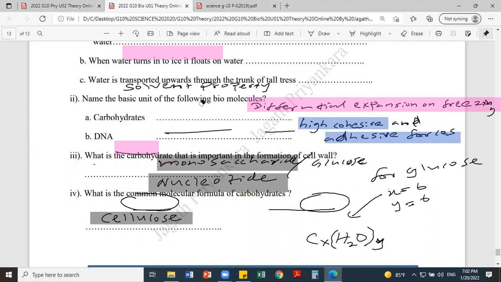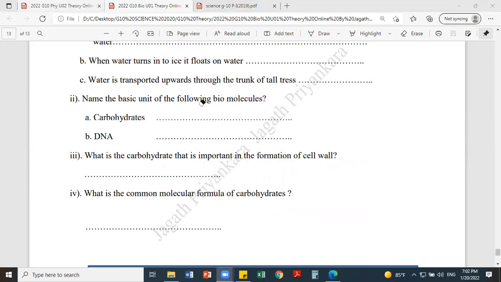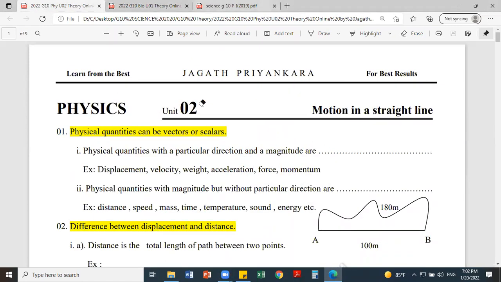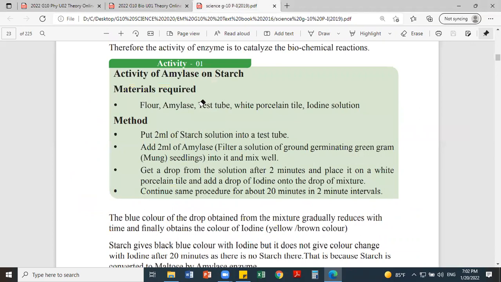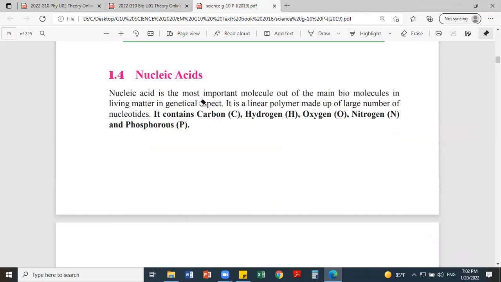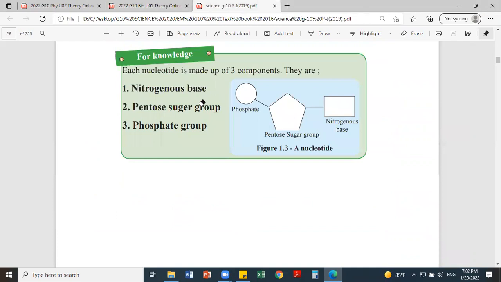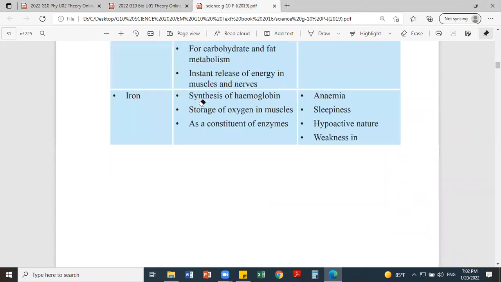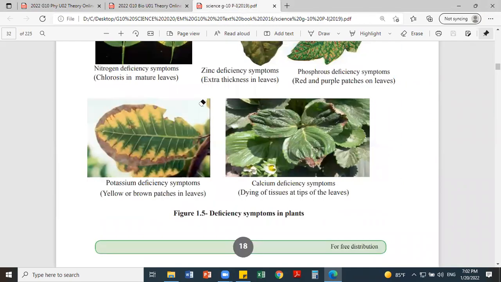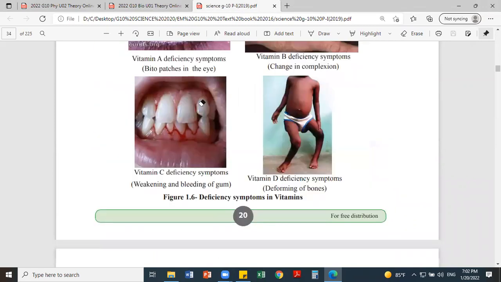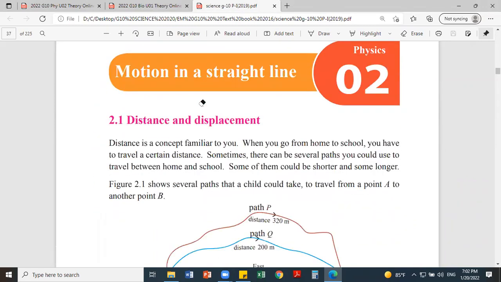Okay, then next one. Let's start the new lesson. Unit 2 Physics. Motion in a straight line. Grade 11, grade 10 second chapter. Here, motion in a straight line.